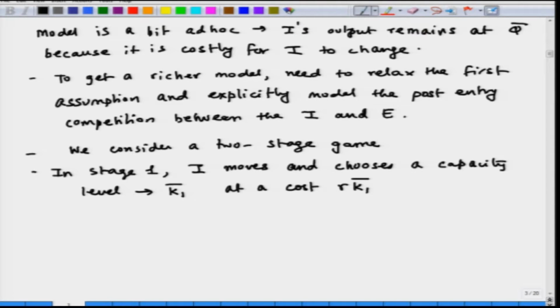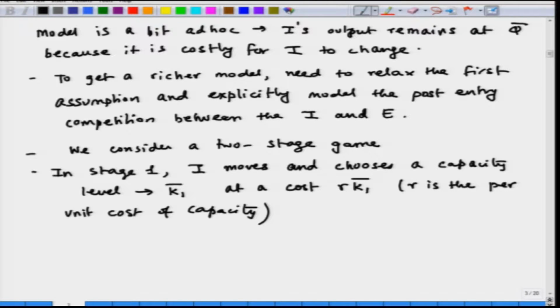So, R is the per unit cost of capital, per unit cost of capacity or capital. Now, notice that by choosing a capacity K1 bar, the incumbent in stage 2 can choose to produce an output which is less than the capacity, in which case there is going to be some unused capacity.